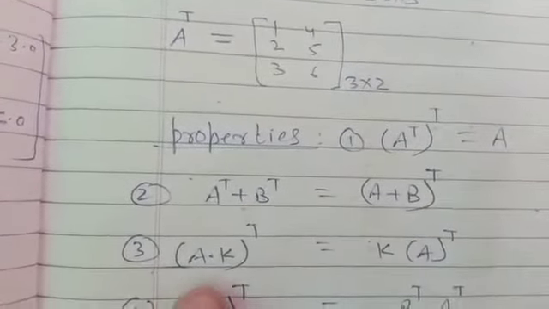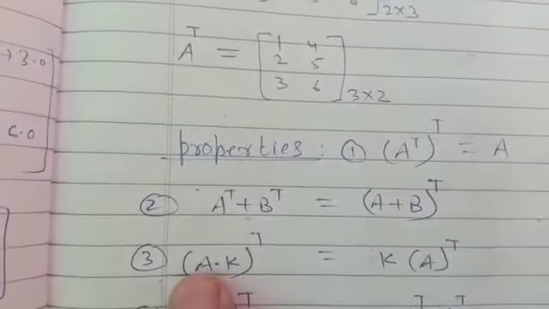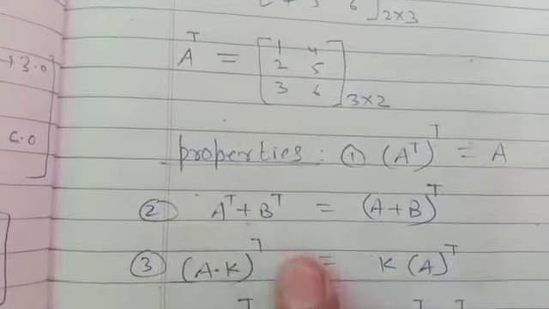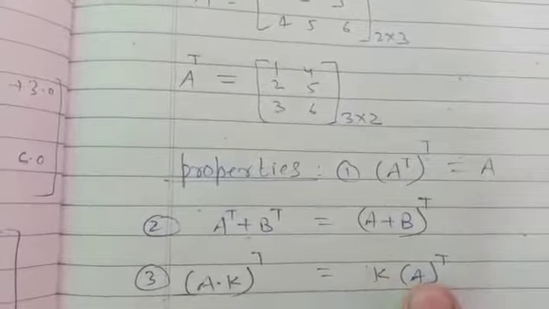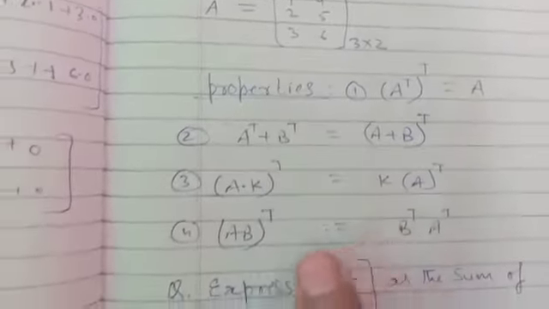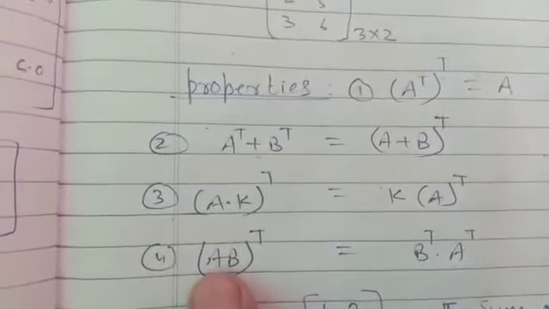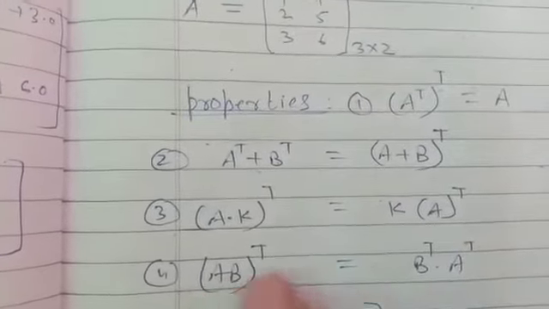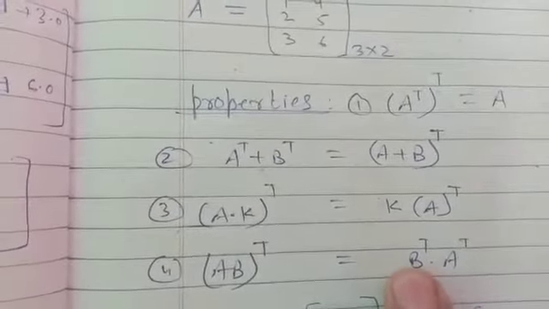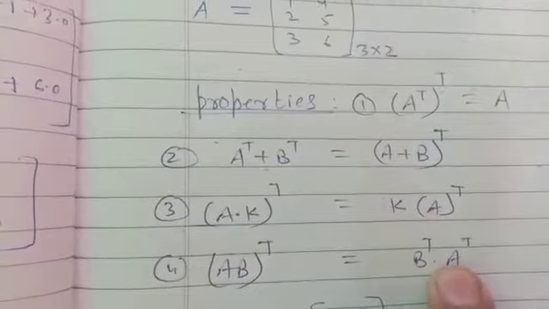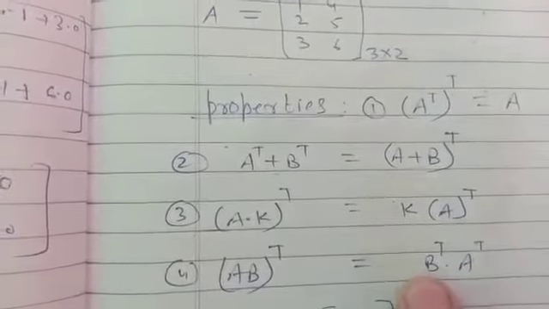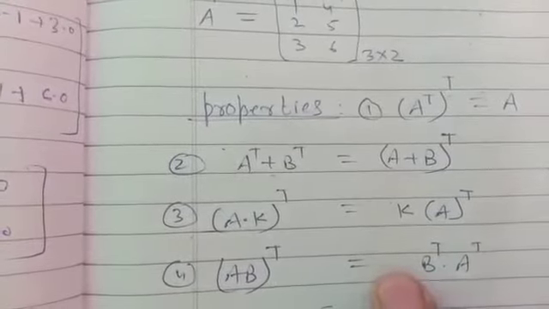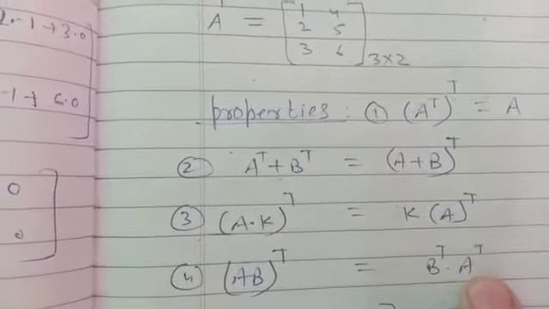If we multiply any constant K into matrix, and its transpose will equal to K times of transpose of its matrix. And the fourth property is the transpose of AB is equal to B transpose into A transpose. Sometimes students may write A transpose into B transpose. That is wrong.